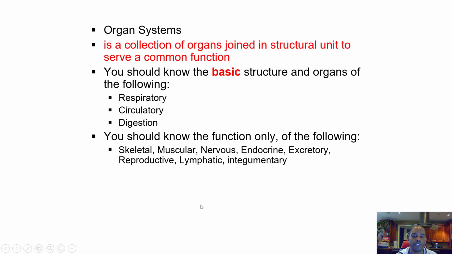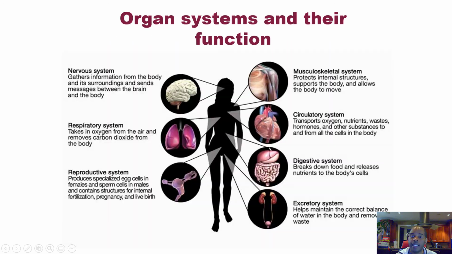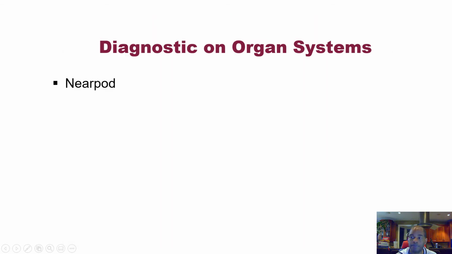You're responsible for knowing 10 systems. But if it's not these three, then you just need to know the function. And you can get that from clicking on the links I have in the Google Doc or continuing through this PowerPoint. In this PowerPoint, I tell you, using some graphics, some of the roles of the organ systems.